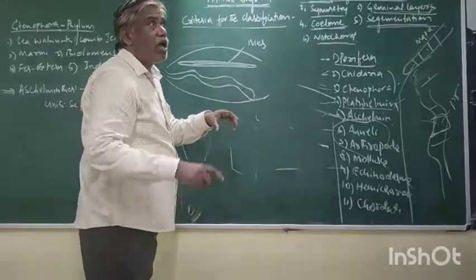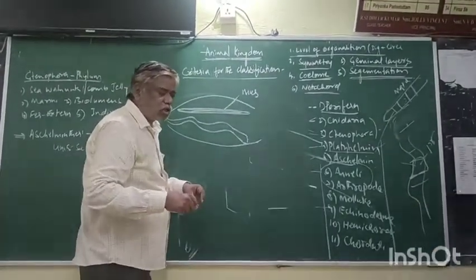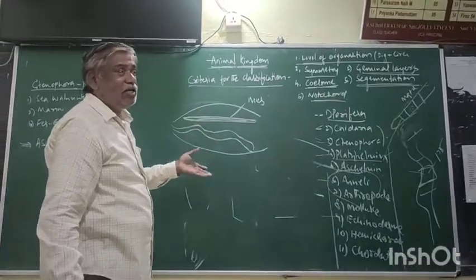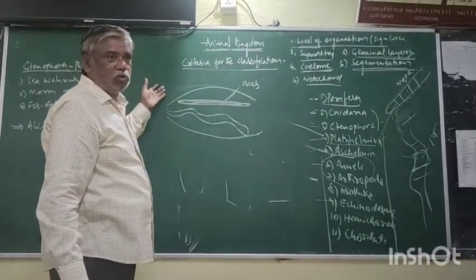Origin: mesoderm. Appearance: rod-like structure. Location: dorsal. This is called the notochord.